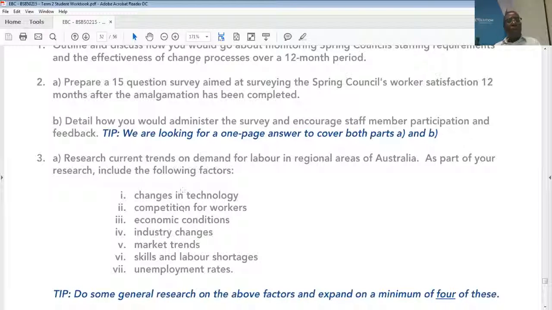So yes, do some research on that. There's quite a lot of material when you look at regional development and the plan the government has to alleviate the labor shortages in the regional areas.